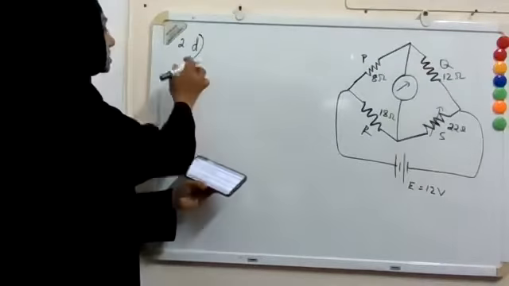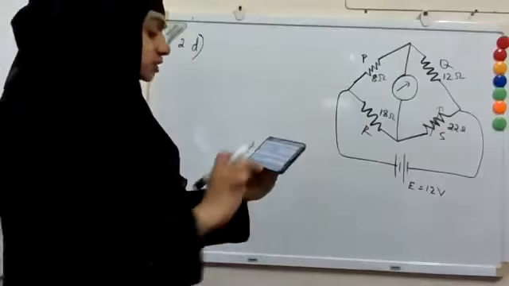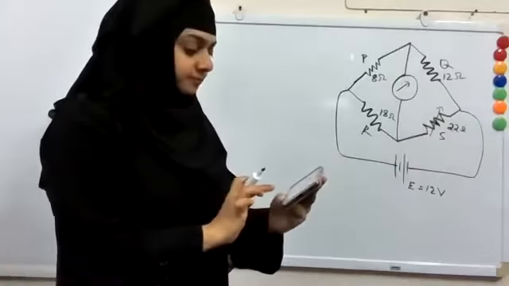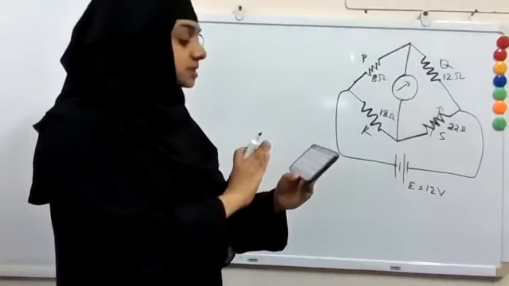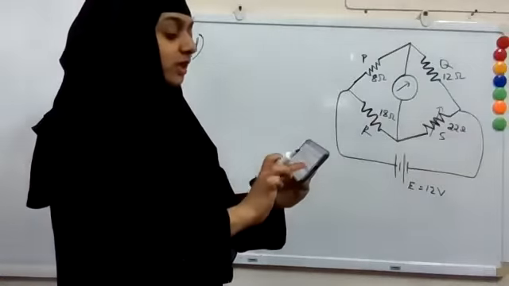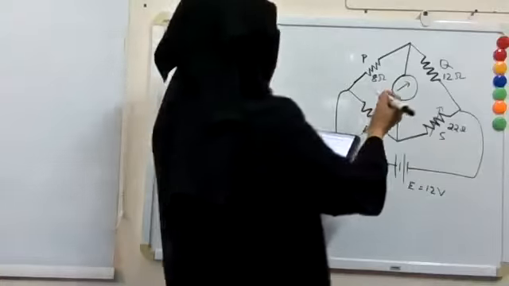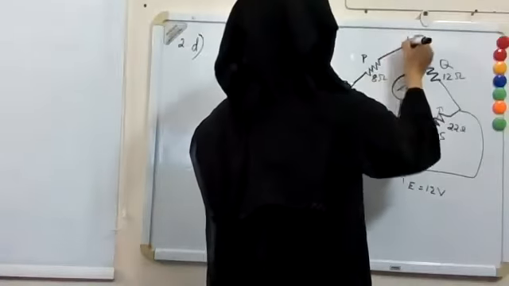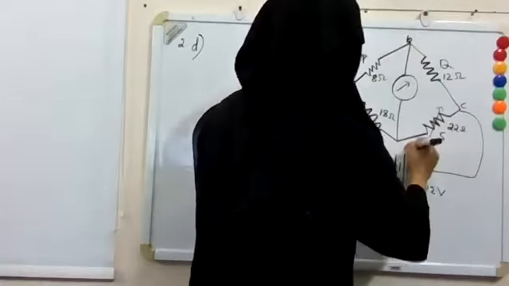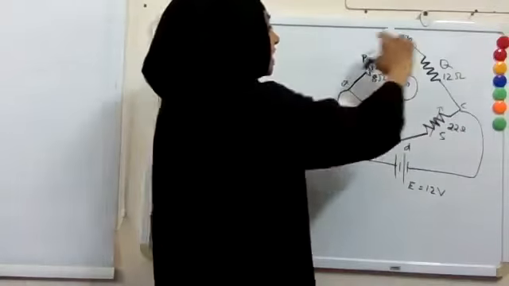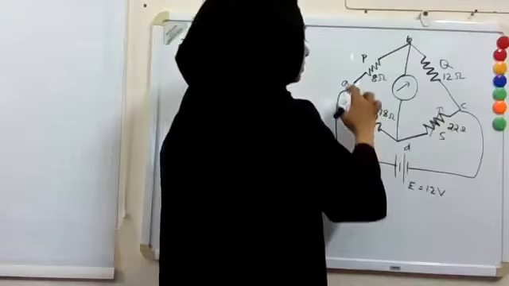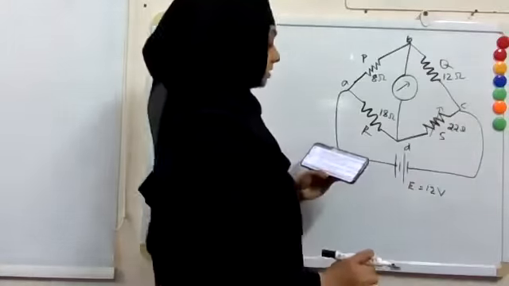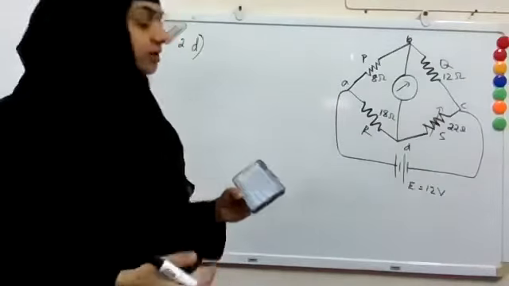Now, let us go to question number D, which most of you haven't done. The question is, if the galvanometer is disconnected, then will the current through A, B, C and the current through B, D, C be equal or not?